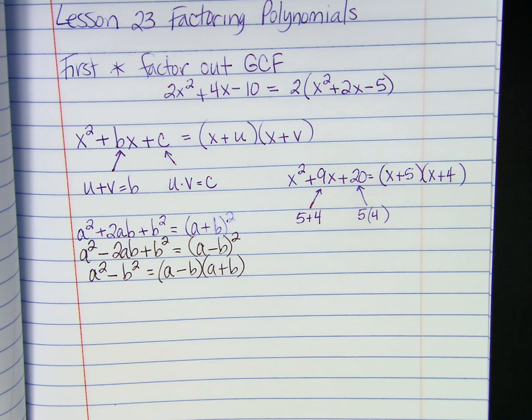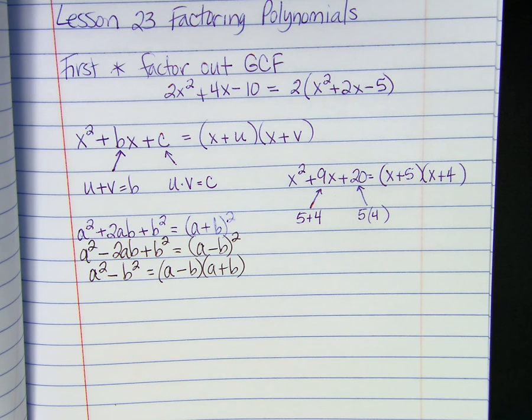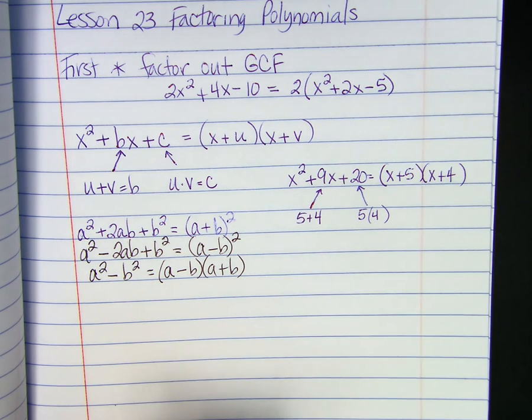Can you do negative a minus b squared as well, would you come out with the same answer? No. Negative a minus b is different. Or negative a plus negative b, is that the same thing as negative a minus b though? No.